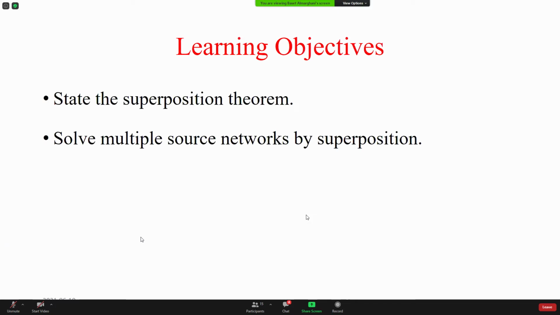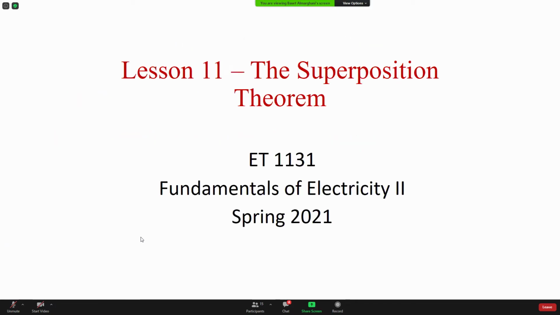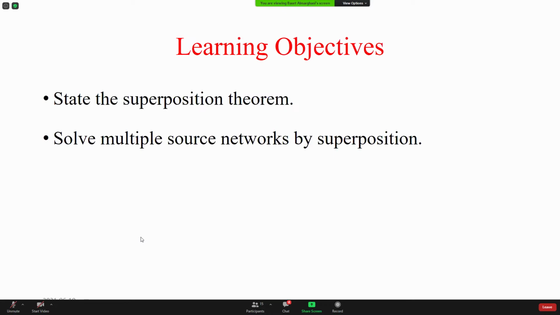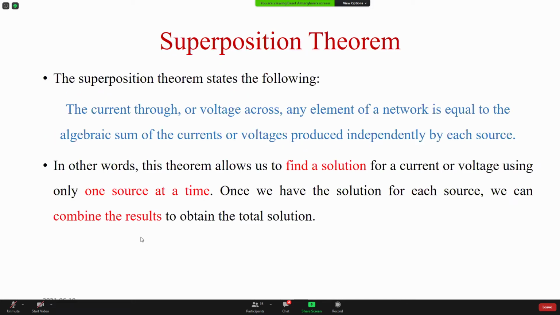Okay, here's the lecture. The superposition theorem. We're going to use it to solve multiple source networks. First, what is it? This is the theory. It's important to read this.